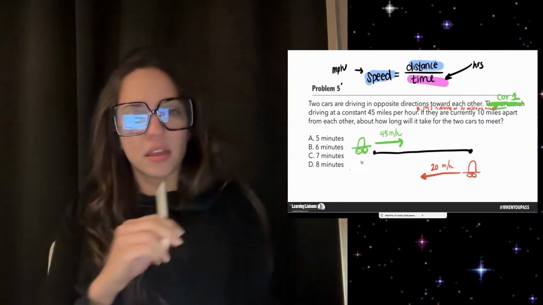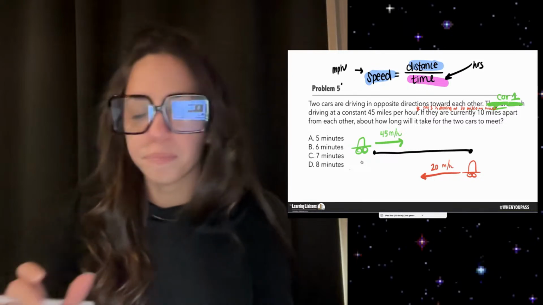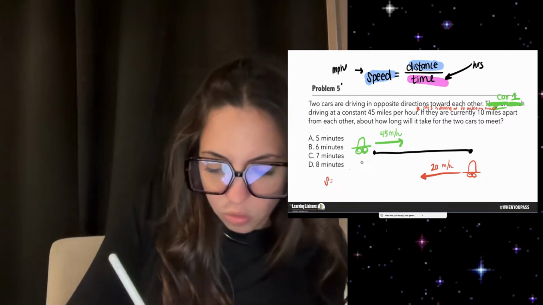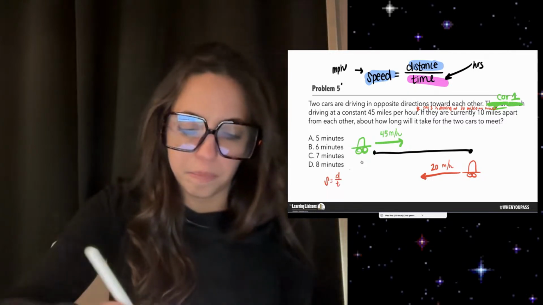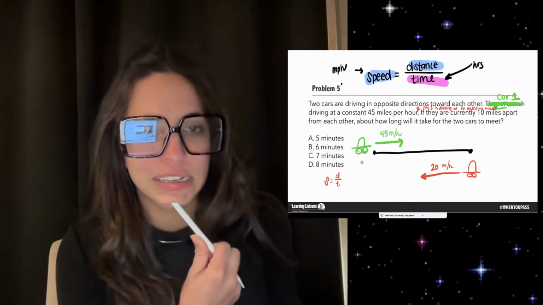How would you solve that? I'm still going to do speed equals distance over time.